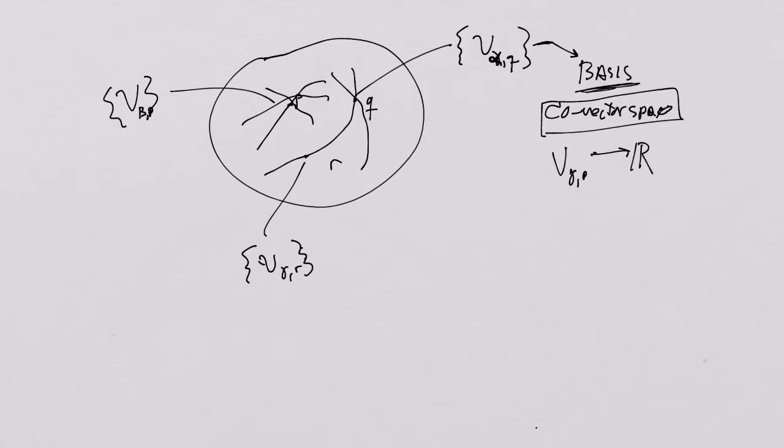So we're going to create the covector space, and we're also going to talk about change of coordinate systems.